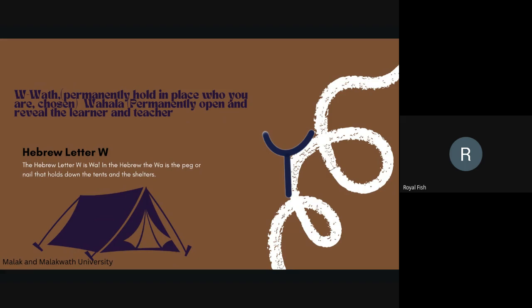We chose this tent, or akwath. This is the wise woman, or the wise human, which would probably be a better way. I chose to be with brothers who get an akwath, because I've always looked at the word ak as brother, and then wath as the other part of the word akwath would be that woman who permanently holds you in place, or holds in place who you are, or chosen.